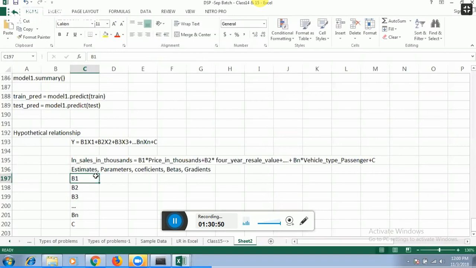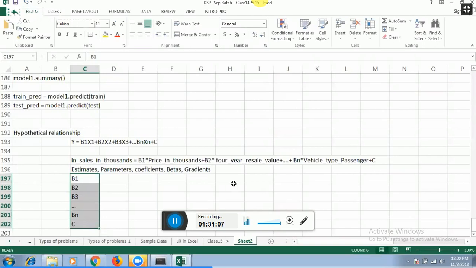These are different names for the same things. So the estimate is something we should have. That is the first thing. My model output should have estimates and corresponding values.